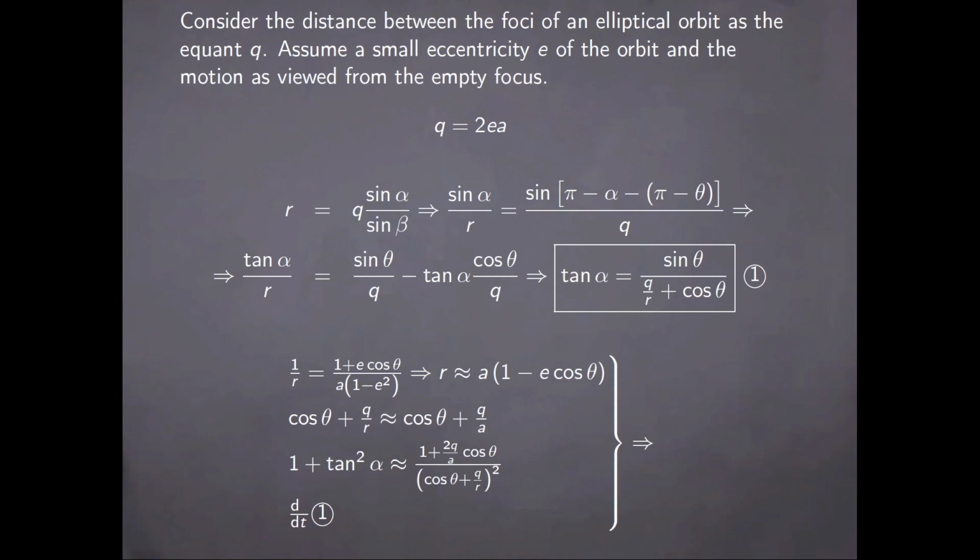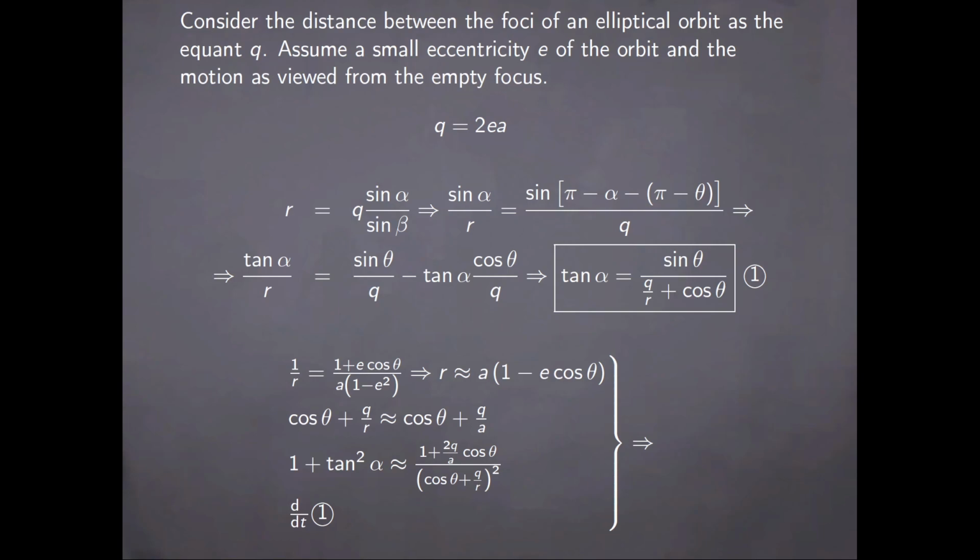So we have this result. Then, by using the same method, we can approximate cosine of theta plus q over r in the denominator here to give this expression. And knowing tangent of alpha, we can also calculate 1 plus the square of the tangent and approximate it with the form here.